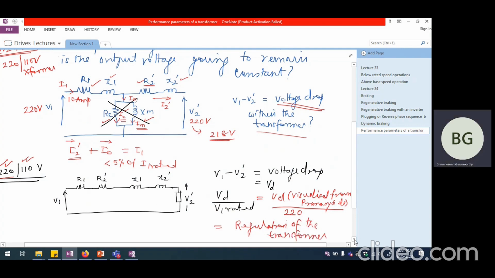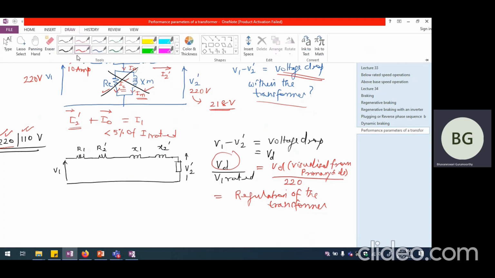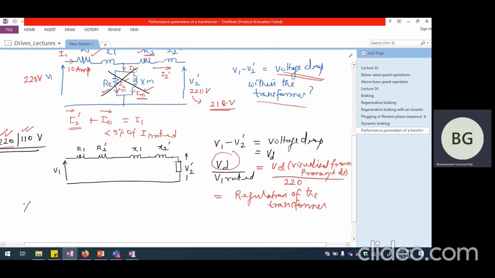Now, if I want to express it as percentage, that is how much percentage of V1 rated is dropped as VD, in that case, I have to write this as percentage voltage regulation. This percentage voltage regulation is going to be VD divided by V1 rated multiplied by 100.